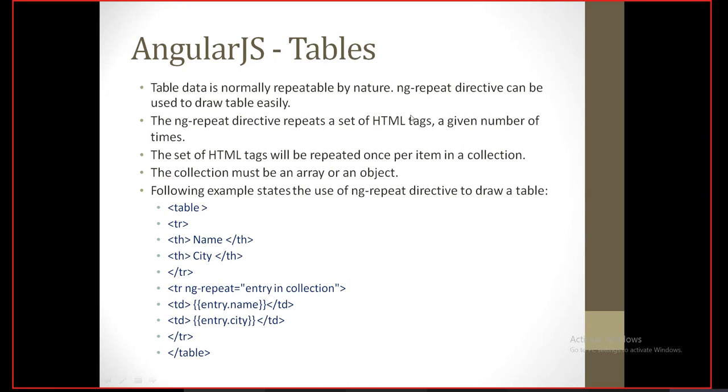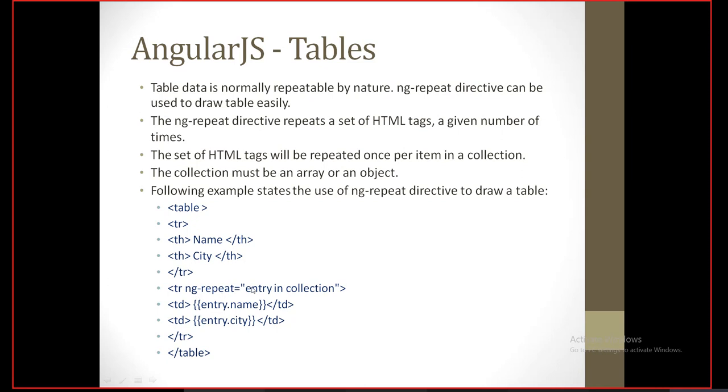For example, we are creating a table having two columns, name and city, and we need to create rows in that table. So for the tr tag that we use for creating rows, we will define the ng-repeat attribute.